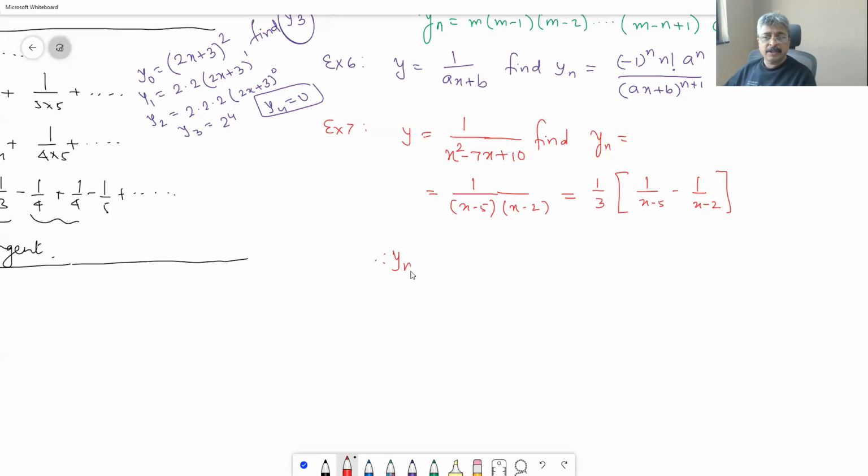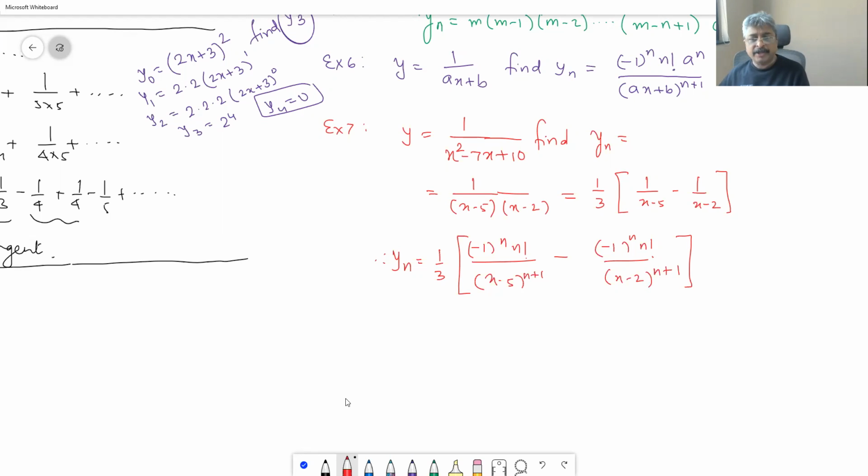Therefore, yn is equal to 1 upon 3 times, a is 1, b is minus 5, so the answer is minus 1 raised to n, n factorial, a is 1 so that is gone, divided by x minus 5 raised to n plus 1, minus, minus 1 raised to n, n factorial divided by x minus 2 raised to n plus 1. That is your nth derivative.